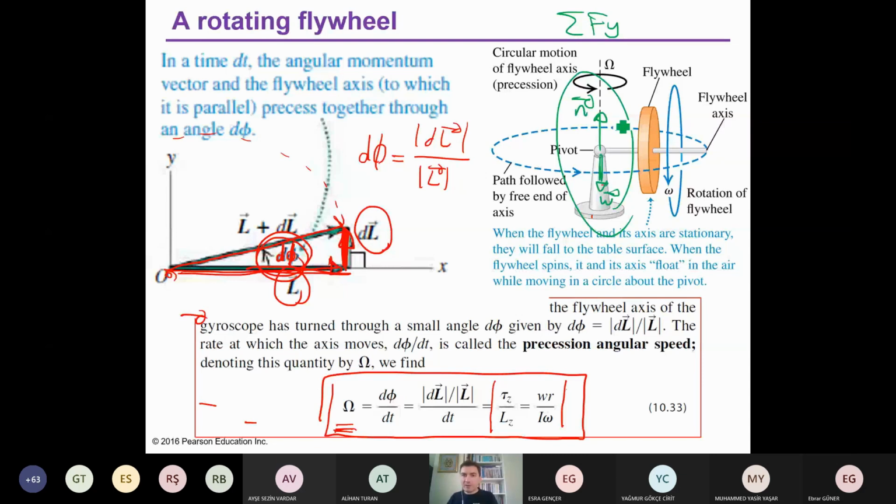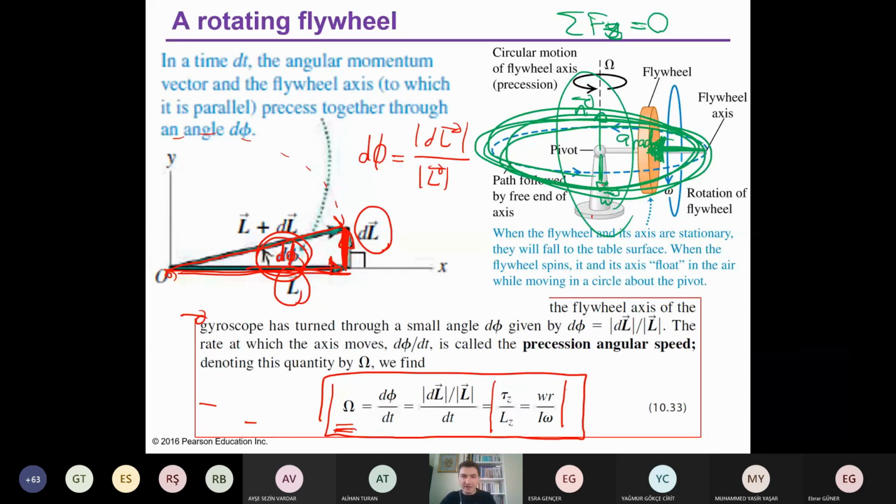But this complete system is rotating about this axis. This is a circular motion. In order to have a circular motion, we should have a radial force, F radial, or you should have a radial acceleration, okay?